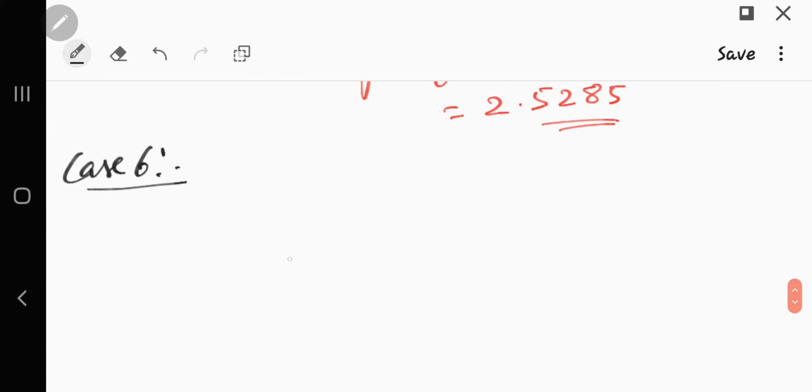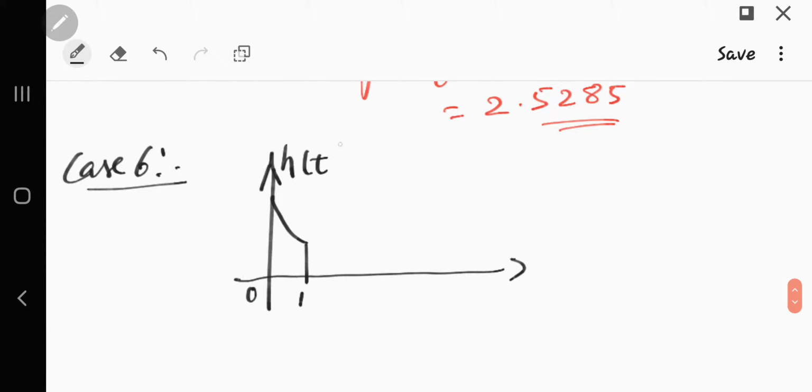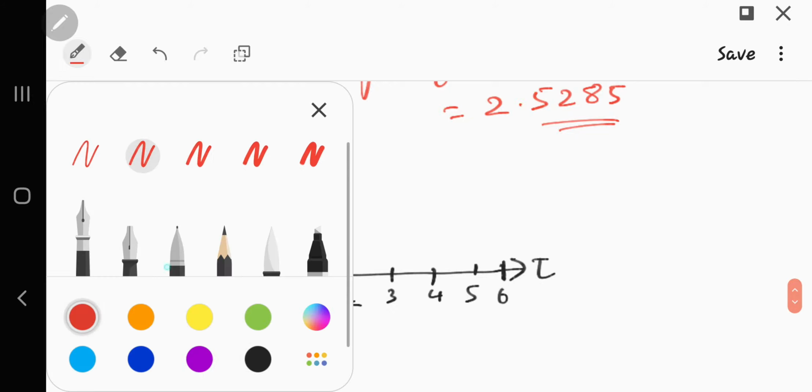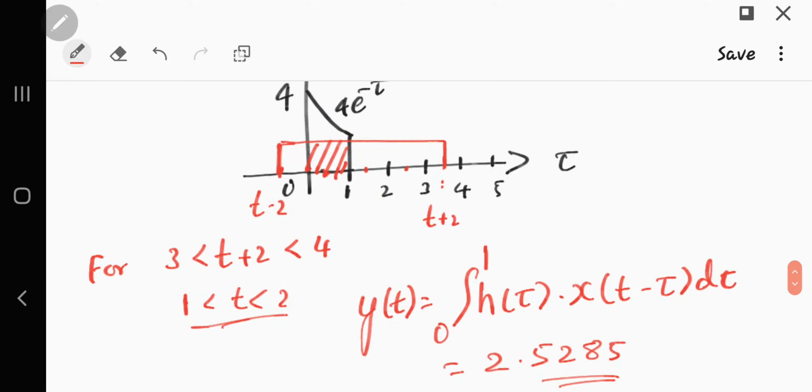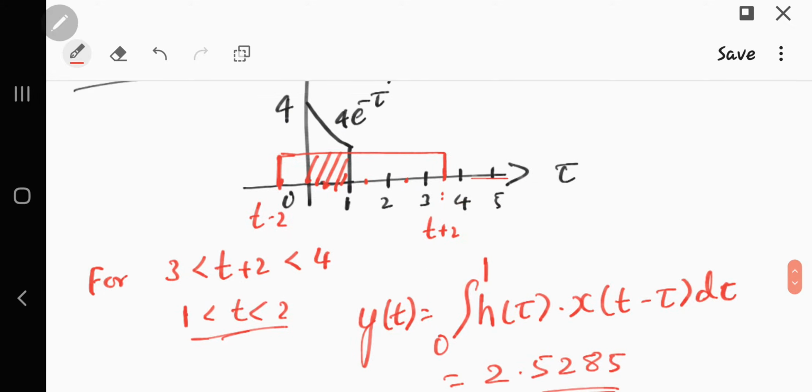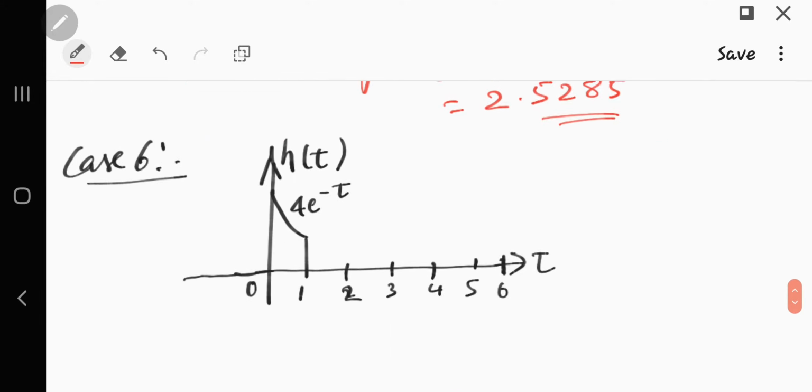So let's plot the signals. So 0 to 1 is my h of tau, 4 into e power minus tau. So 2, 3, 4, 5, 6. Now in this case, I will keep this t plus 2 between 4 and 5. Let's see what happens.